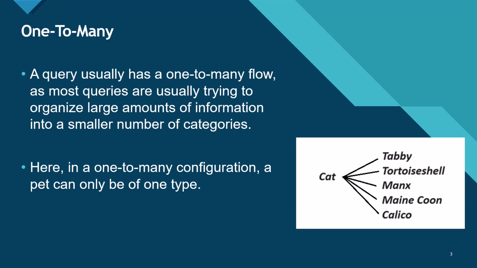But assume these types of cats don't breed. Each one is a separate, distinct, exclusive example of what a cat is. And a one-to-many relationship has, of course, one characteristic on the left and many on the right. But the ones on the right all represent one type of cat, one type of animal.